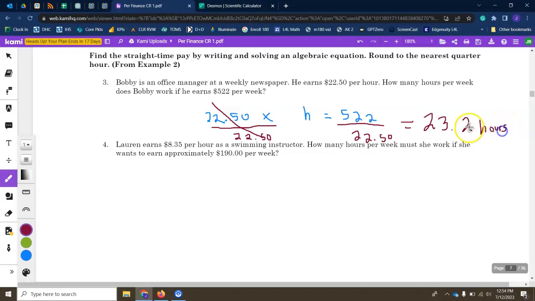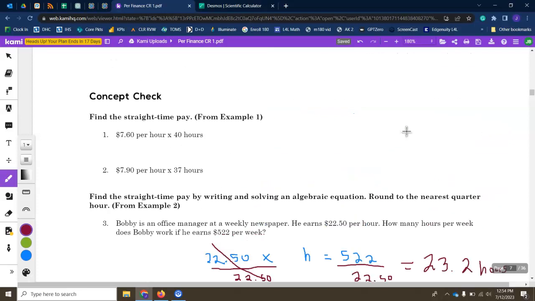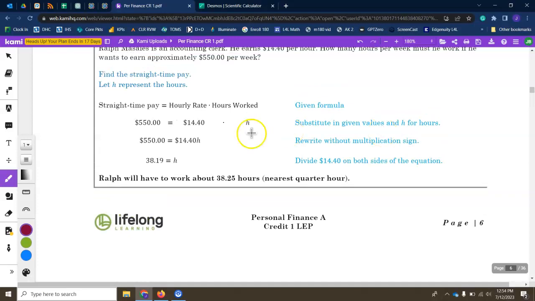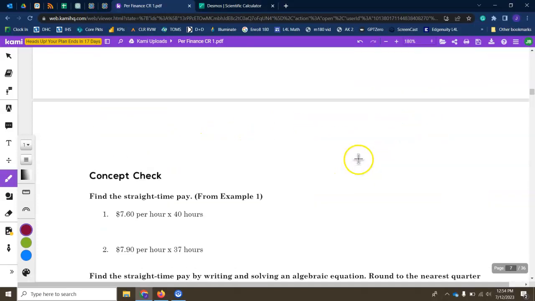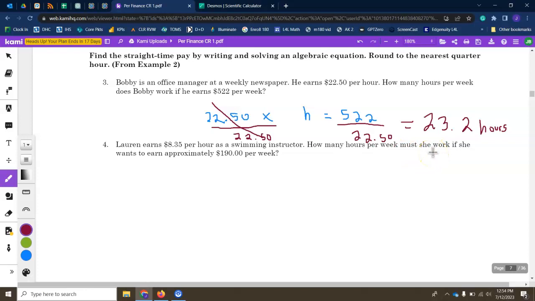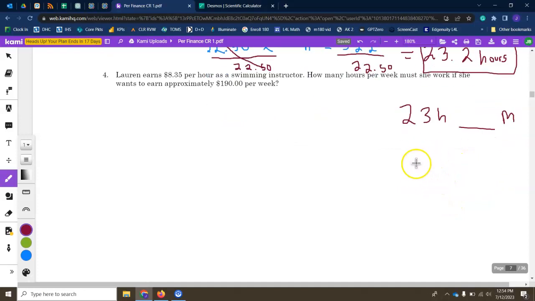Now we can go into even more specifics here. Instead of saying 23.2 hours, we can say 23 hours and a certain amount of minutes, which isn't in the example, so I'm just going to do a little bit of extra work. I'm very certain your teacher will accept this answer right here. So if you got to this point, congratulations, you got the answer correct. But if you wanted to know more about minutes, we'll put 23 H, leave a little blank spot, and then put M for minutes. We can calculate what 0.2 is in terms of minutes, because 0.2 is a part of a total of 60 minutes.